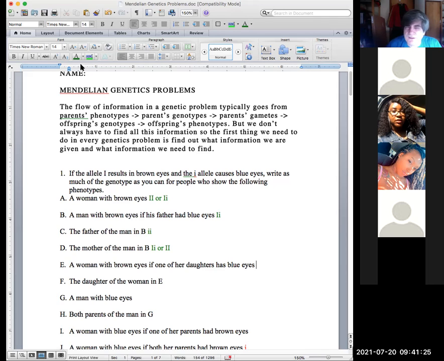Well, if we break it down, she has brown eyes, so we know she's got a big I. She has a daughter with blue eyes, and her daughter had to inherit a little i from dad and a little i from mom. So mom must be big I, little i. Sometimes when we know somebody's phenotype, we can figure out exactly what their genotype is. Sometimes there are two possibilities.